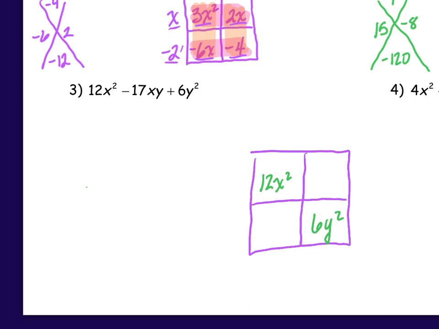Okay, I still need 2 numbers that are going to add to be negative 17 and multiply to be 6 times 12. I think that's 72. So now I need numbers that multiply to be that. 72, negative 8 and negative 9. There we go. So negative 8xy and negative 9xy.